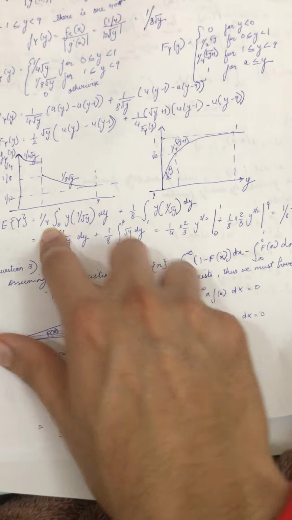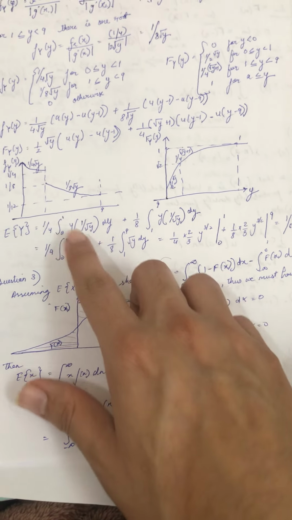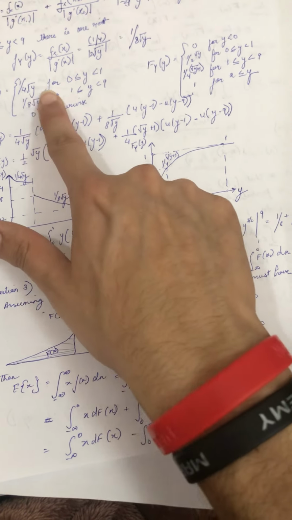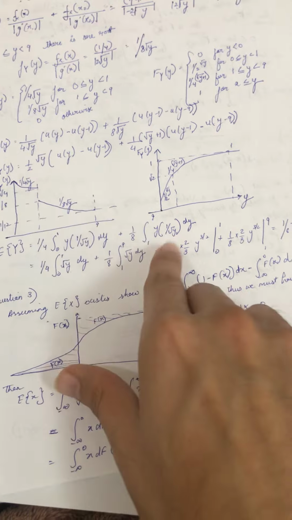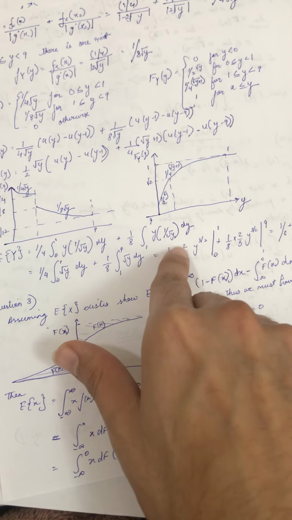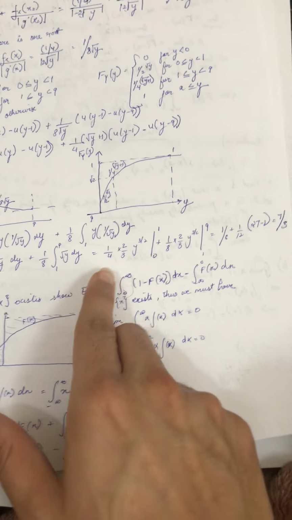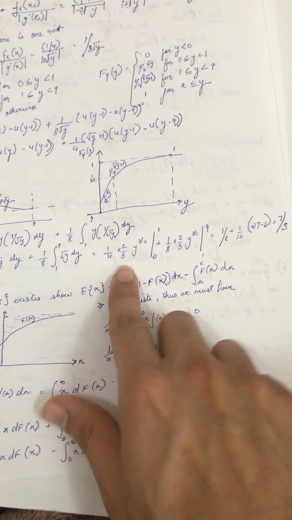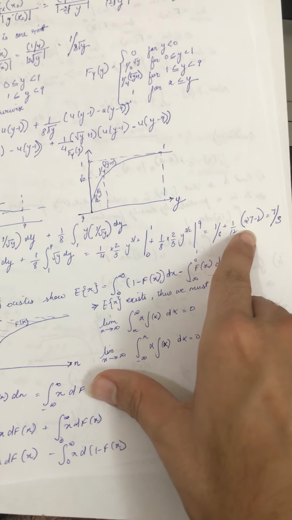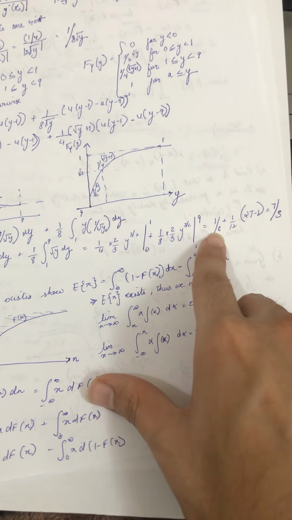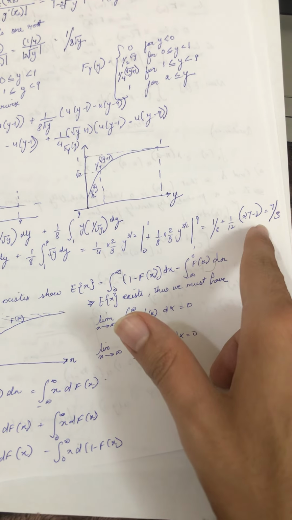Here 1 by 4 is constant, and 1 upon root y is from here, plus 1 upon 8, one constant, and y into 1 upon root over y from here also, into dy. Solving this equation and substituting the values and limits, we get 1 upon 8 plus 1 upon 12 into 27 minus 1, that will be equal to 7 by 3.